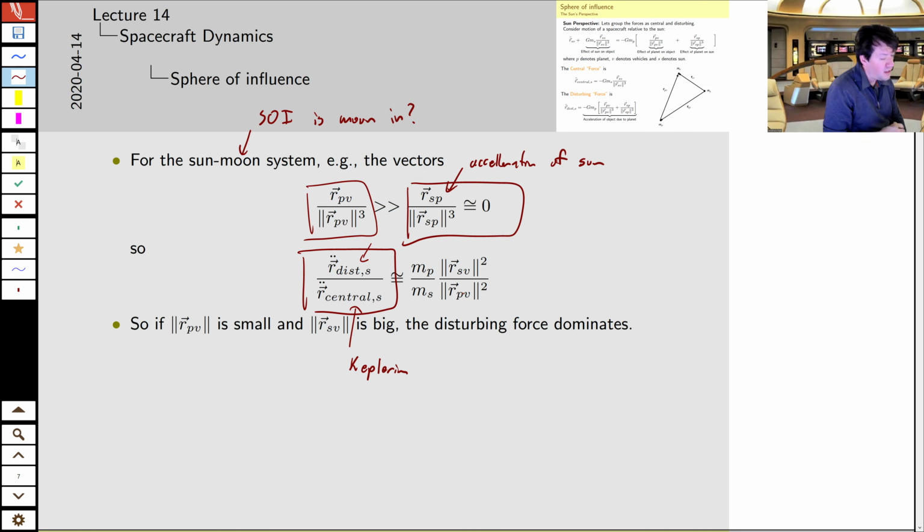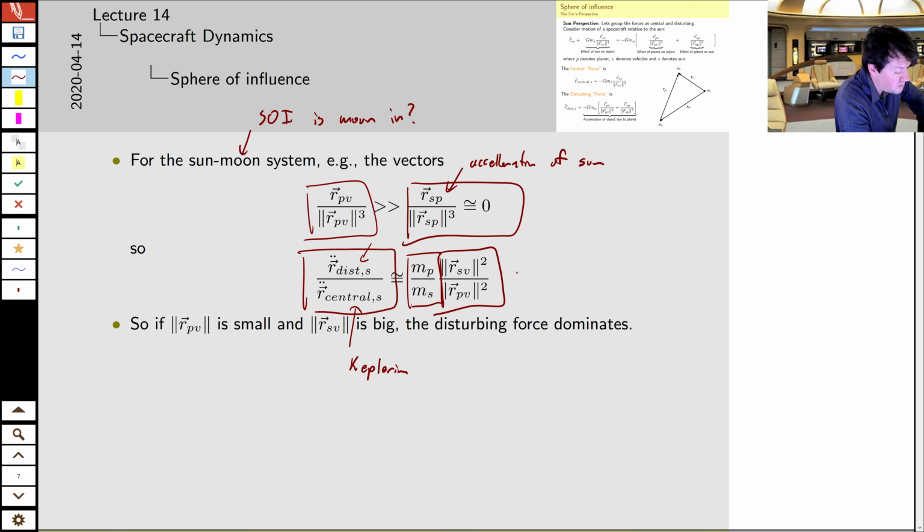So basically what this is telling us is we have a ratio of the planetary mass divided by the solar mass, and a ratio of the distance of the sun divided by the distance to the Earth.